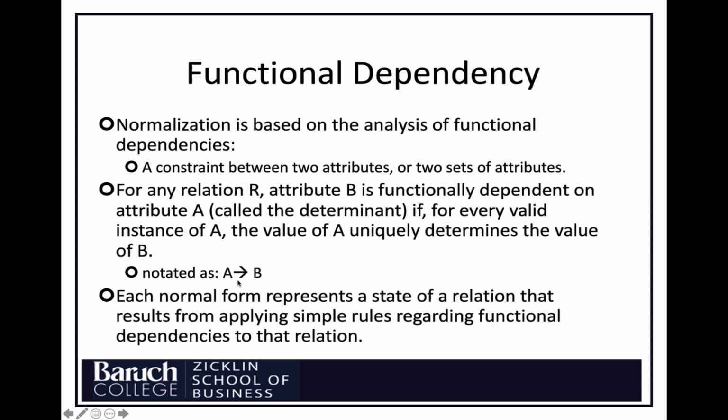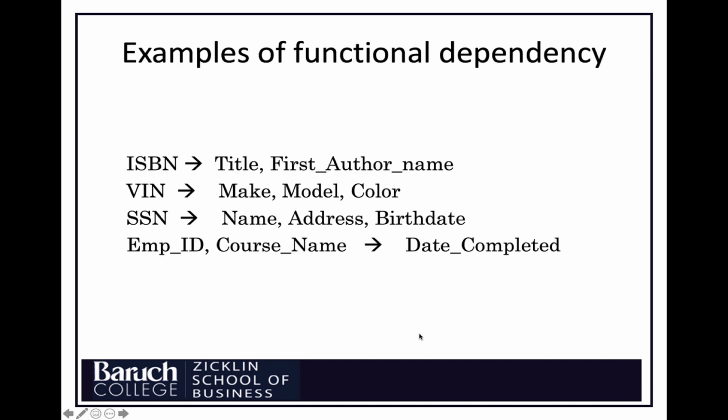Each normal form represents a state of relation that results from applying simple rules regarding the functional dependencies, right? We just reviewed them: the first normal form, the second normal form, and the third normal form.